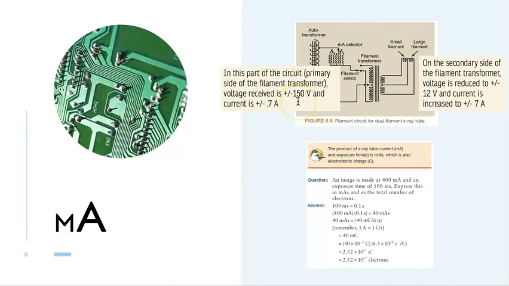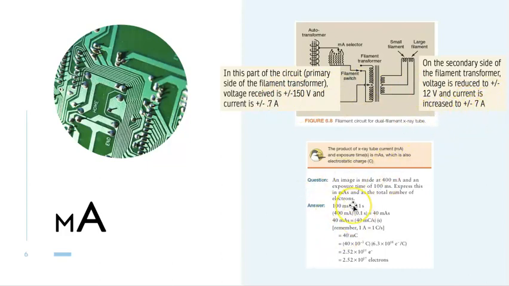It's going to get about, give or take, 150 volts delivered from the autotransformer, and the current is going to be about 0.7 amperes, give or take. Now notice how there are a number of windings on this side and much fewer on this secondary side. What that means is voltage will be greatly reduced, but current will be greatly increased. What we'll end up with is around 12 volts, but 7 amperes instead of 0.7.